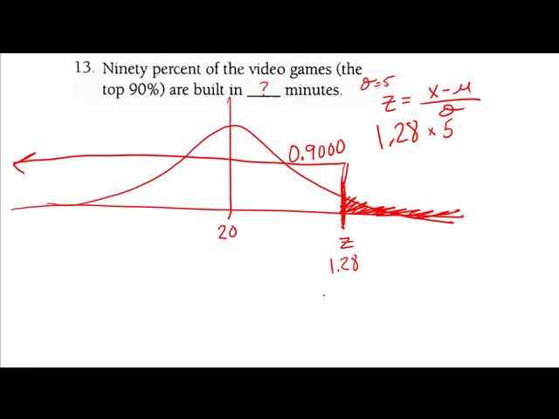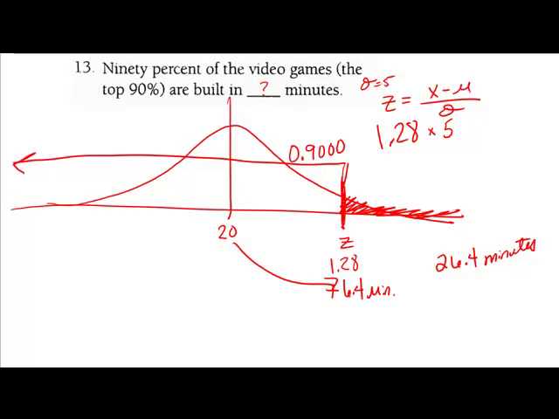So this is plus 6.4 minutes. So in order to get out here, I have to go out to 26.4 minutes. Now that made sense to me. It made sense doing it that way for me.